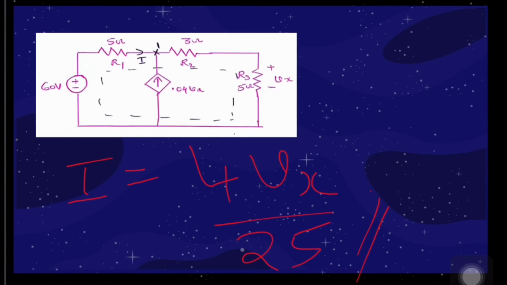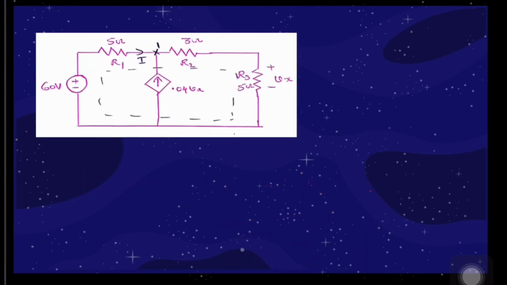So if you want to perform mesh analysis in a network, it is better to replace all possible current sources with their equivalent voltage sources. But sometimes there may be a current source between two adjacent meshes which cannot be replaced with its equivalent voltage source. In such cases, those two adjacent meshes together should be considered as a single mesh called a super mesh.